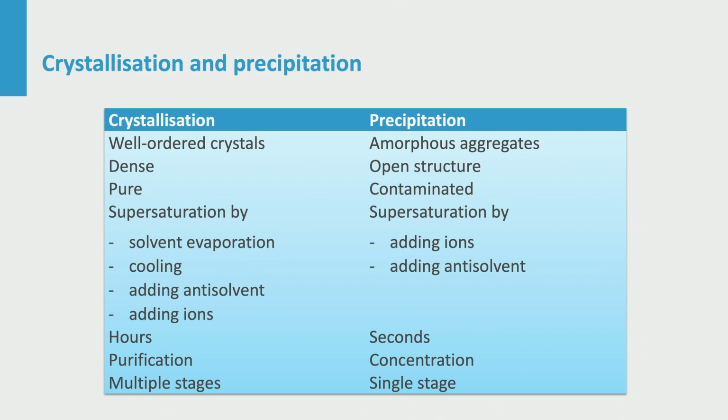If the solute to be crystallized or precipitated is an ion, you need to find a counter-ion that has a low solubility product with the target ion to get supersaturation. That counter-ion may be added as salt, acid or base. Any such addition, also addition of an antisolvent, may lead to needs for recycles.